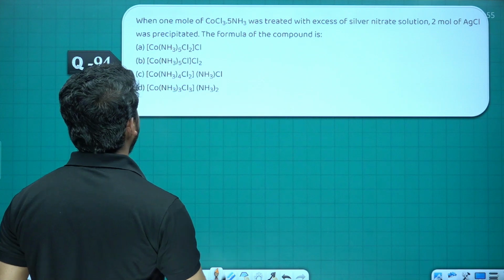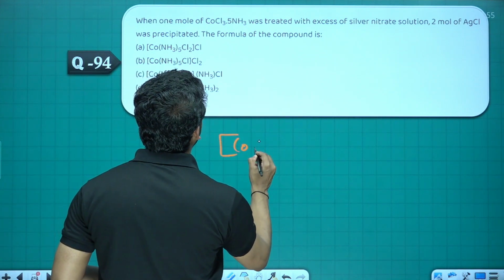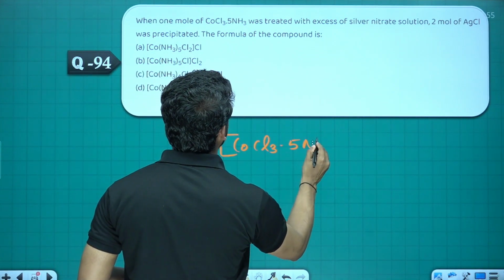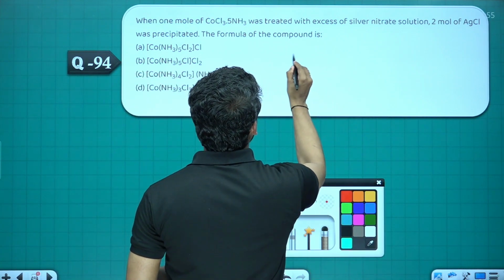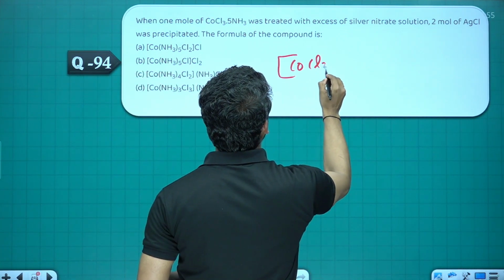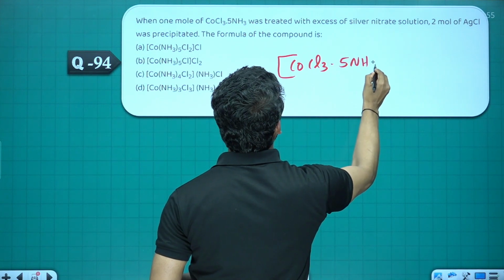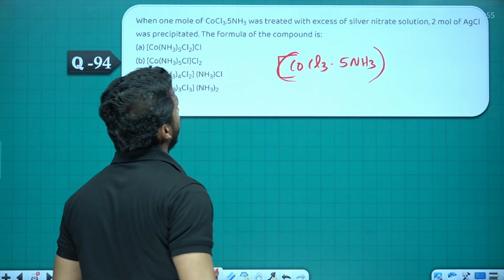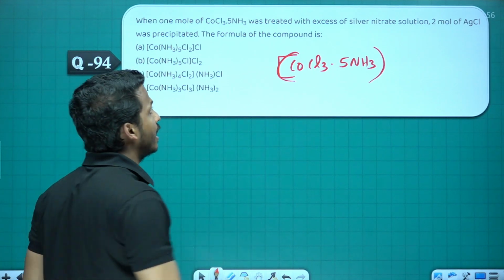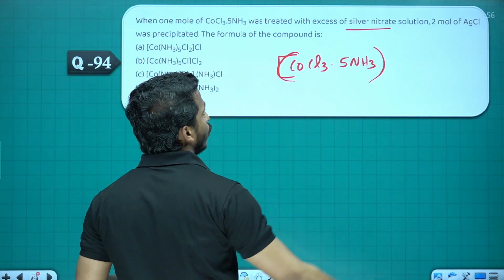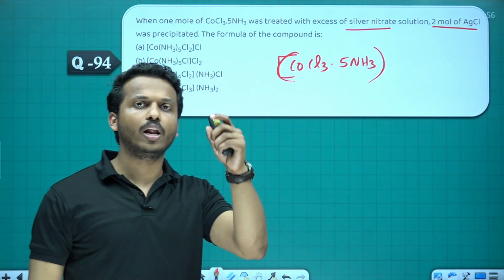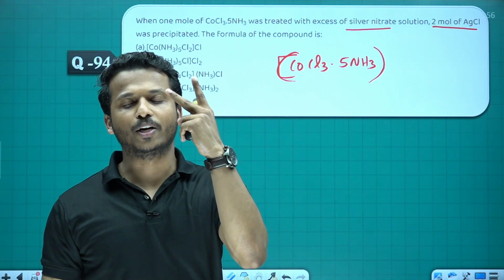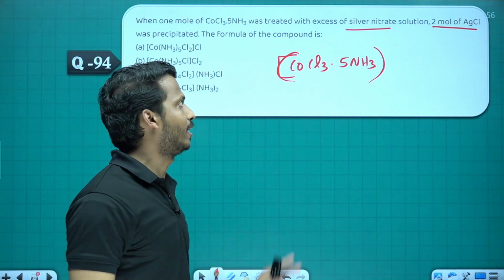When 1 mole of the complex, what is the complex given? CoCl3·5NH3 is the formula given, treated with excess silver nitrate, giving you 2 moles of AgCl. Remember all, 2 moles AgCl produced means there should be 2 chlorine outside. That's the meaning.